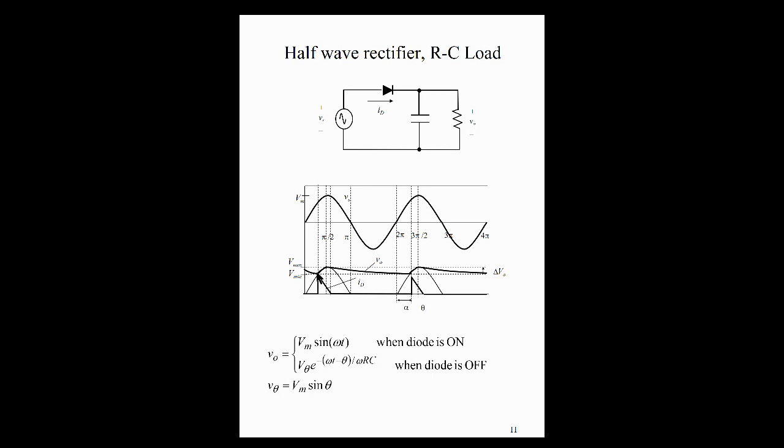Initially it's just Vm sine omega t, thereafter it's discharging, so that's why we have this exponential factor for when the diode turns off. No current is flowing, it exponentially decays. That's the voltage. Now this V theta is just Vm sine omega t.